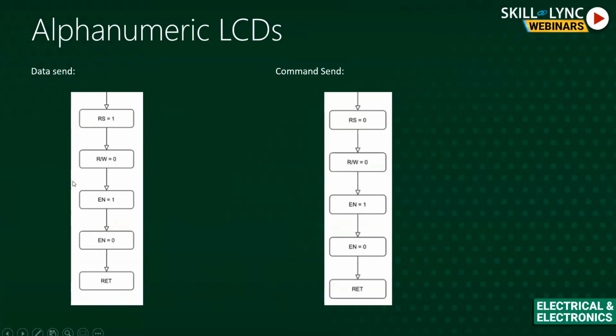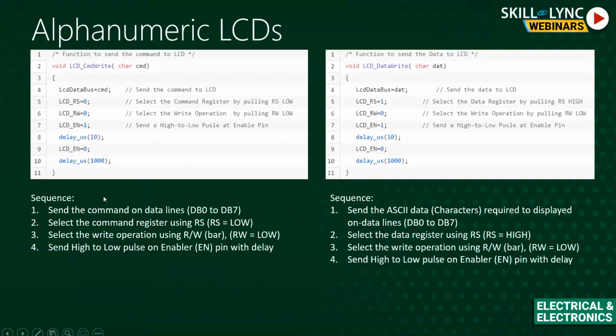So this is the flow for sending data. For a command, it is the same, and the only change is that the RS line is low, because RS line 1 specifies that the data register is selected, and RS line 0 specifies that the command register is selected. This way we send the command and then the data, and it will be displayed on the screen.